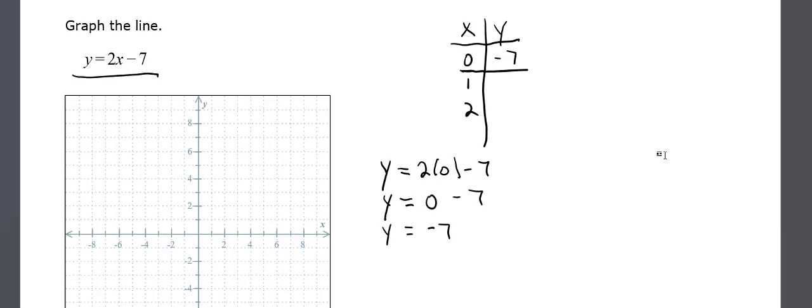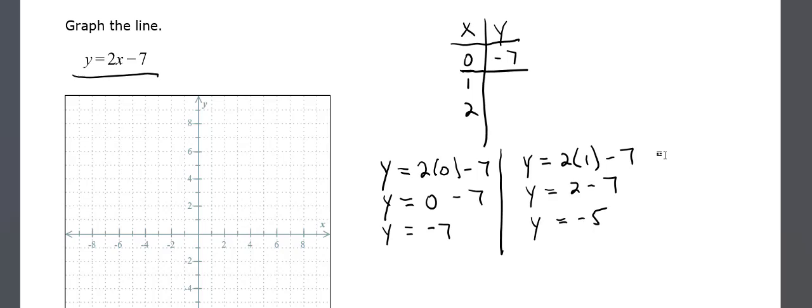So I'm going to take my next value, which is 1, and plug it in for x. So now it's y equals 2 times 1 minus 7. 2 times 1 is 2, and 2 minus 7 is negative 5. So that's my second point.